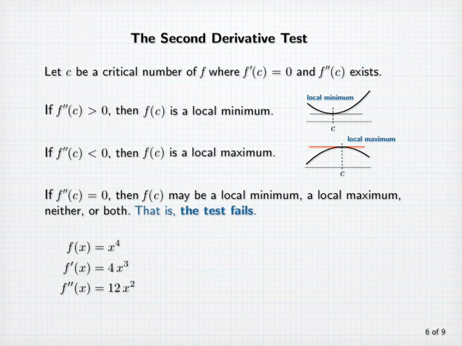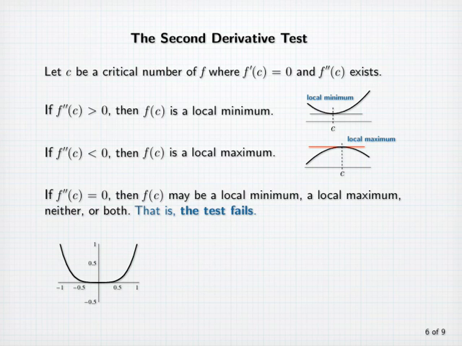For example, consider f of x equals x to the fourth. Here f' of 0 is 0, and 0 is the only critical number, and f" of 0 is also 0. And the graph of the function is always concave up, and f of 0 equals 0 is a local minimum. In fact, it's a global minimum.